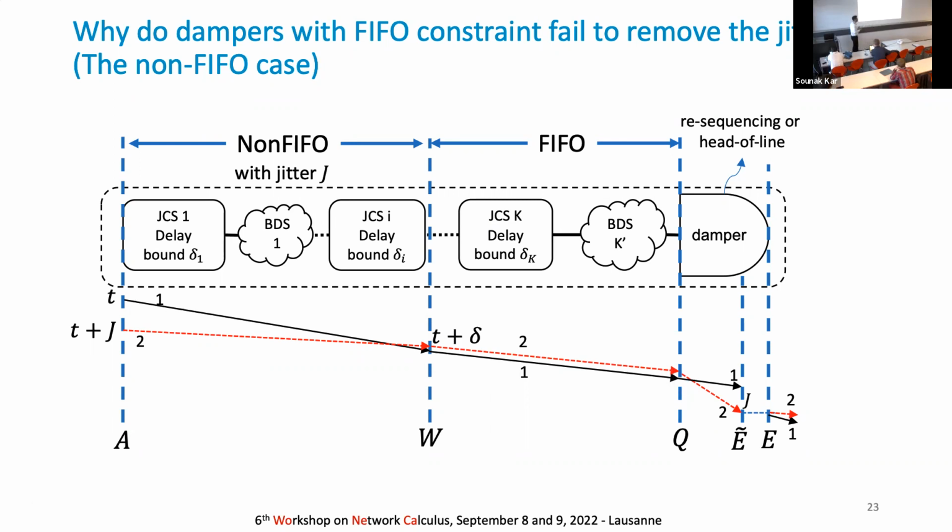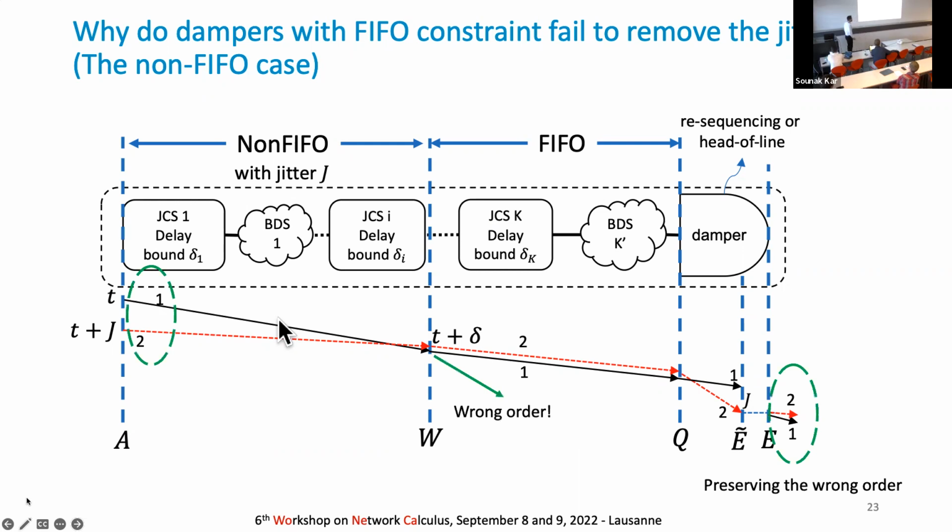So even though packet 1 has already experienced the delay that it was supposed to, it has to wait until the second packet becomes eligible, and then it sends it. That's why we first deliver the second packet and then the first packet. So we see that the delay of the first packet is increased, and so is the jitter, by as much as the jitter of the non-FIFO part.